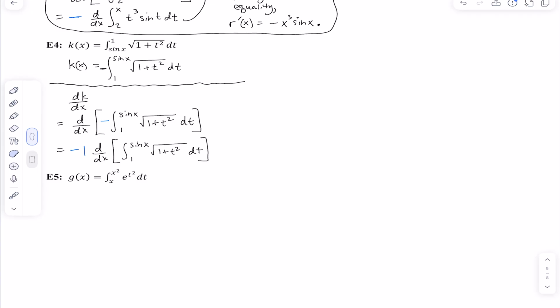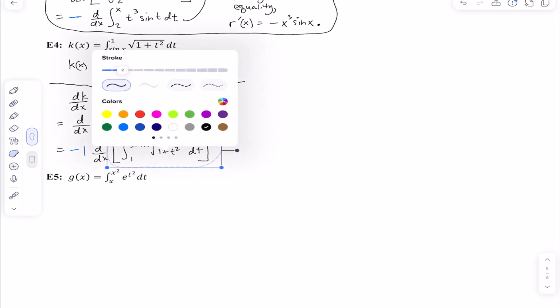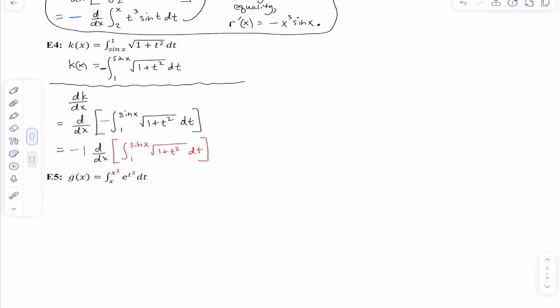I'm going to change this slightly. And we're going to do a u sub here. So off to the side, I'm going to do a u sub. I do need a different letter. Why don't we call it h of x?